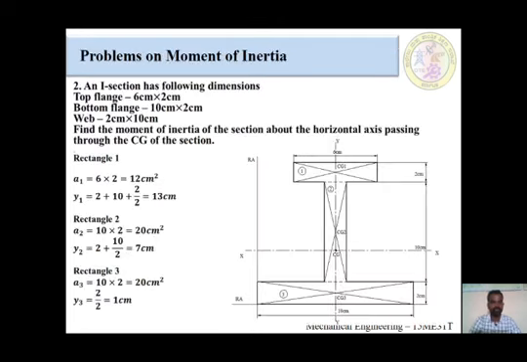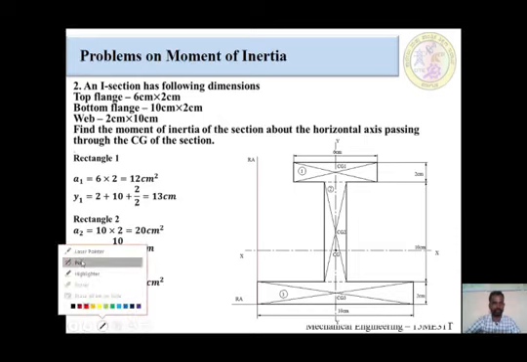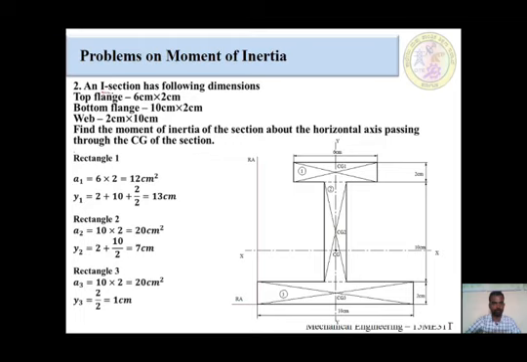We are going to solve one problem on I section. I will read the question. The I section has the following dimensions. They have given the top flange, the bottom flange, and the web.